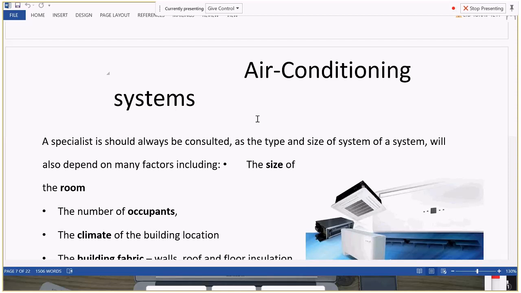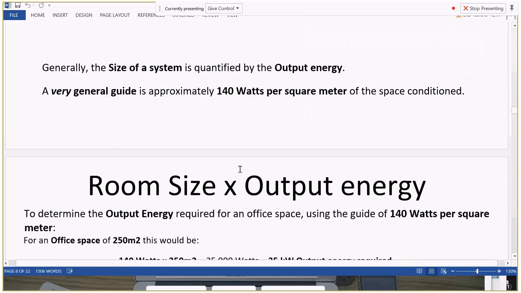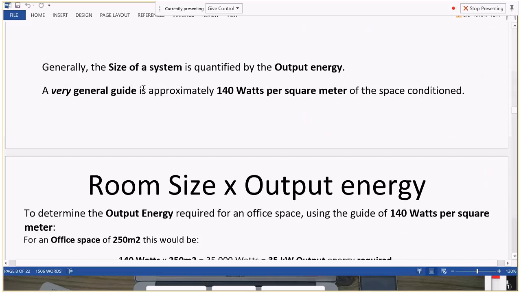What we'll be doing is a really simple check method of saying that we need a certain amount of cooling power per square metre. That's it. So it's about calculating the square meterage and then multiplying that by the cooling power that we need.